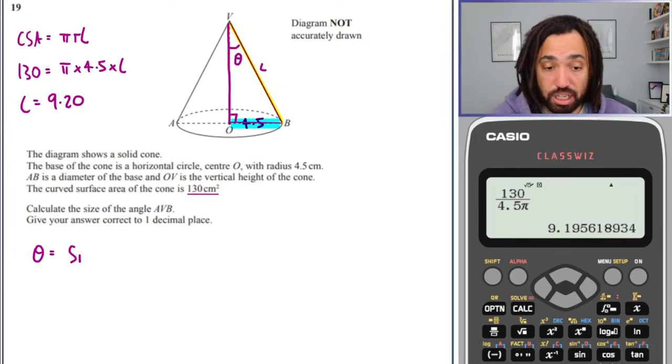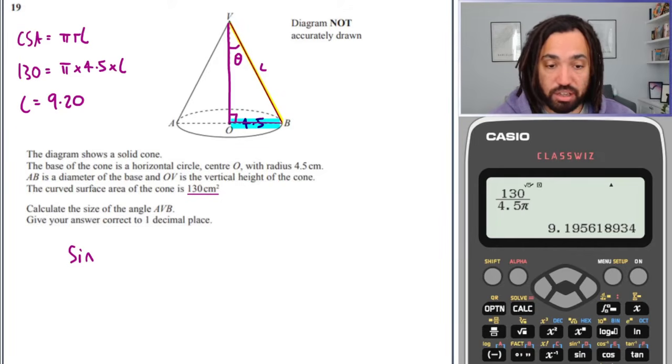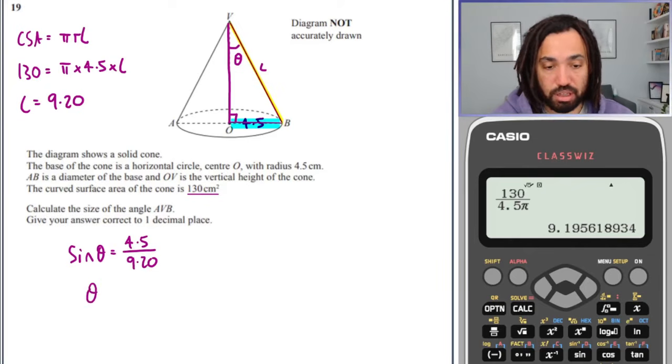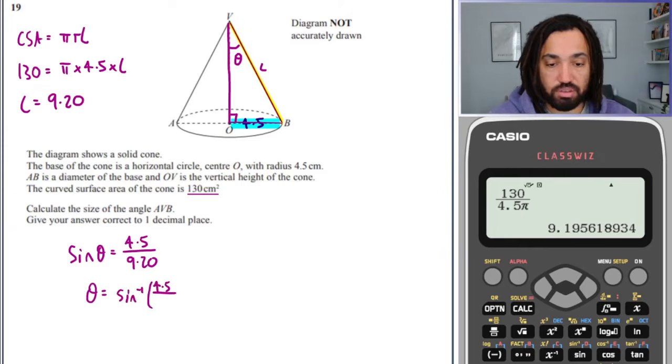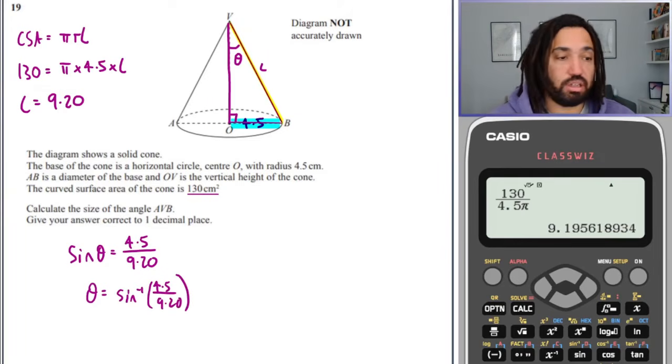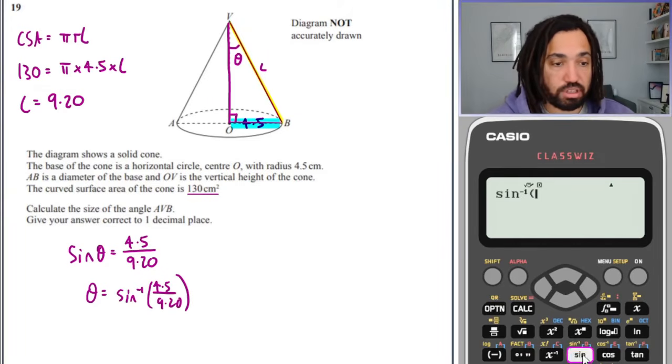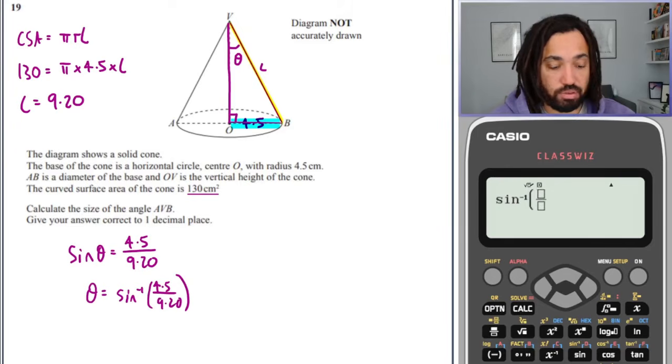Okay, so that's sine. So we can say that sine theta is equal to the opposite, which is 4.5, over the hypotenuse, which is 9.20. So we can work out that by doing inverse sine of 4.5 over the previous answer.